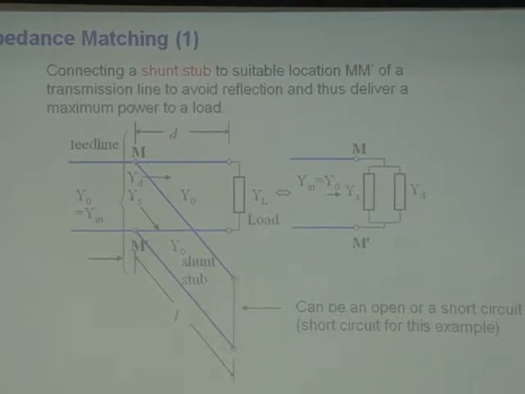Okay, looking in from here. And of course, you have to determine the length of the transmission line where you want to connect your shunt stub. And you also have to determine the length of this shunt stub. So there are several parameters here, D you must know, L you must know.